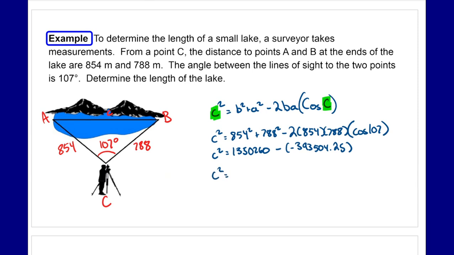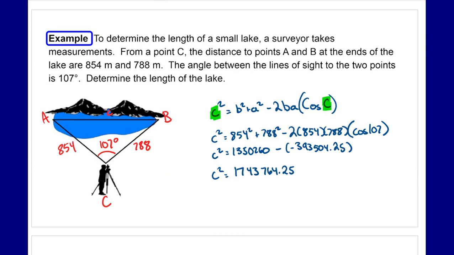Add them all together. 1,350,260 minus what we just found, we should get 1,743,764.25.